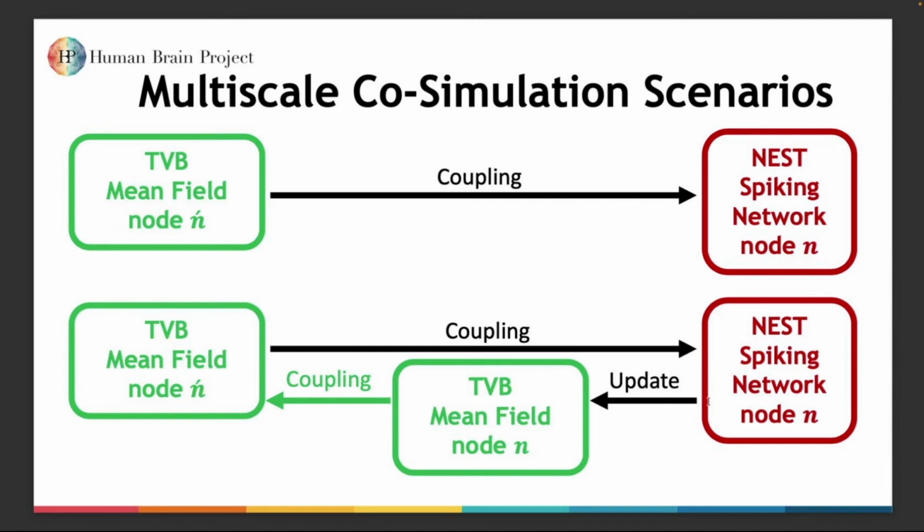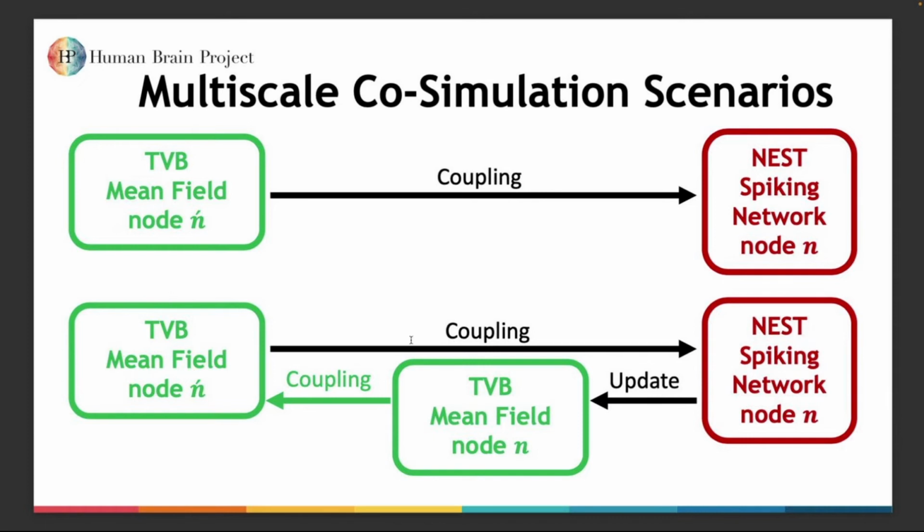We need to record the activity of the spiking region and create a mean field representation of this activity and inform TVB, so that this node can keep existing and producing EEG, fMRI, and everything else for the whole TVB brain.